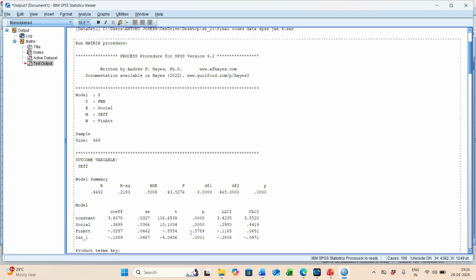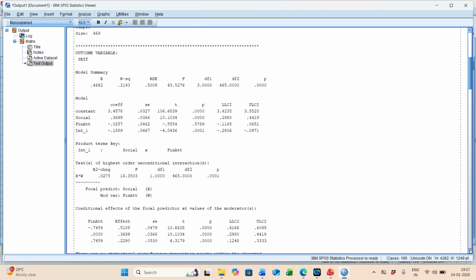That means there is no direct effect of financial attitude. But you look at the interaction between socialization and financial attitude. The coefficient is negative. That means there is a negative impact, and the p-value is significant. The interaction is significant. So that is to be reported first.